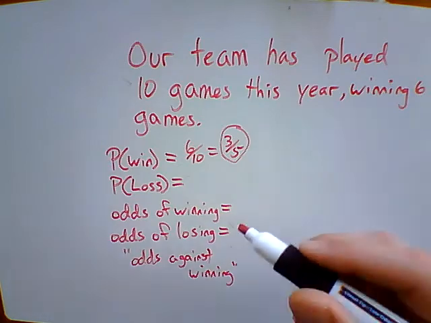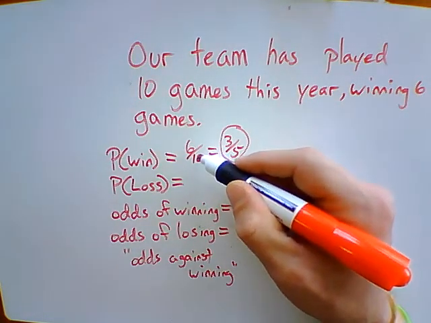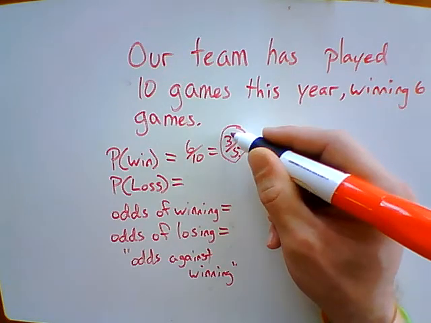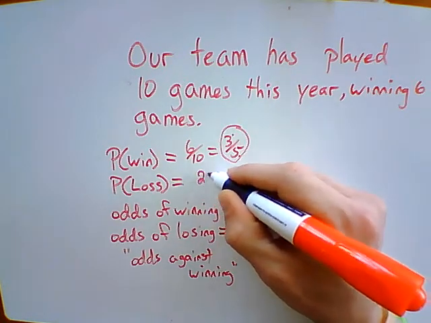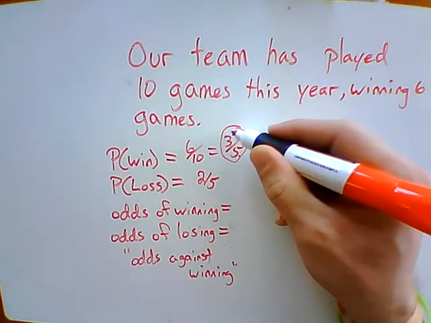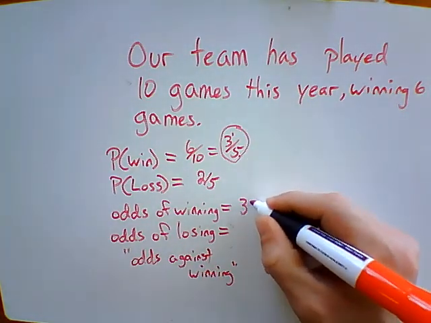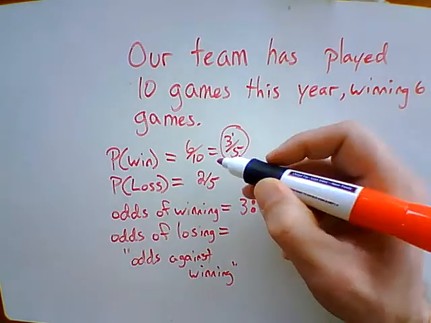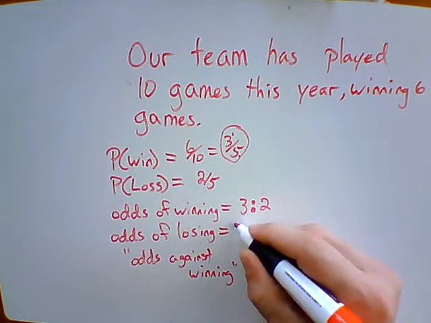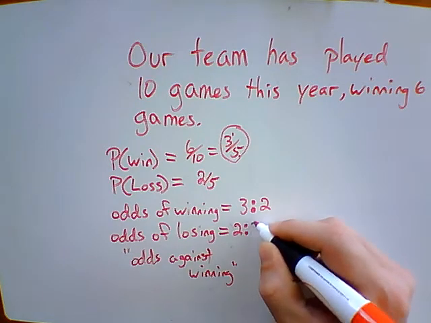That's pretty cool. Probability of losing now is the other 2 games. There were 5 games, I won 3 of them, which means 2 of the 5 games were losses. The odds of winning are 3 to 2. Odds of losing are 2 to 3.